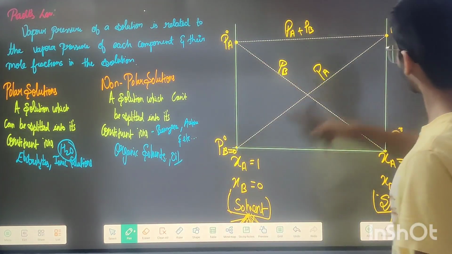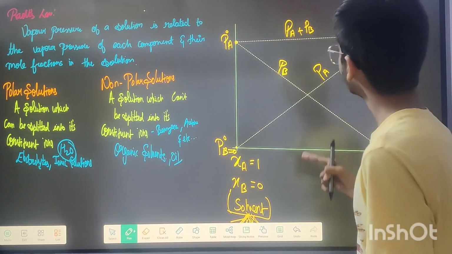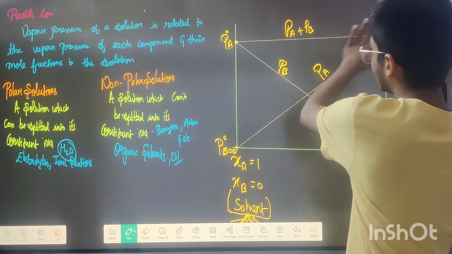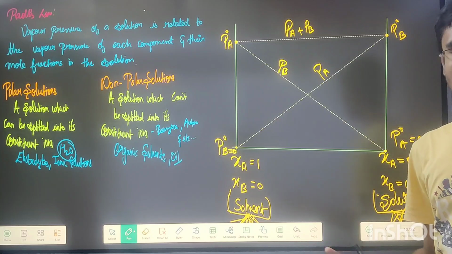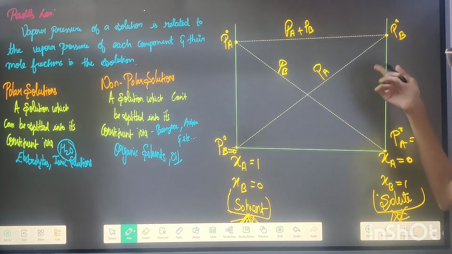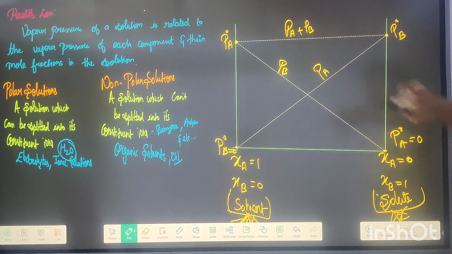As it tends to 0, here also it tends to 0. Then this total line is what the tending line is. There is no such name in our chemistry book, I'm just saying it in my own words. So this is PA plus PB, that's it.